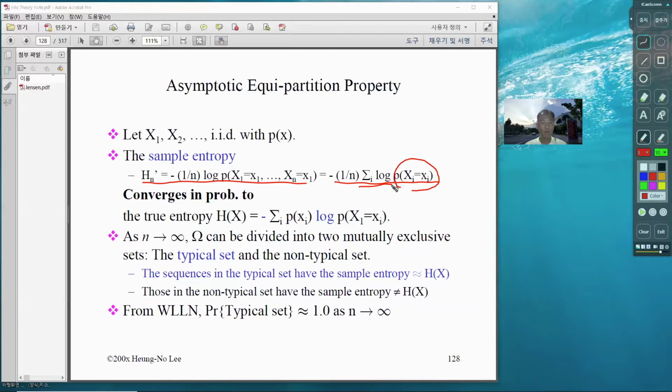If we treat this as a random variable Yi, including the minus as well, then it is the sum of Yi, i going from 1 to n, divided by the number of additions.